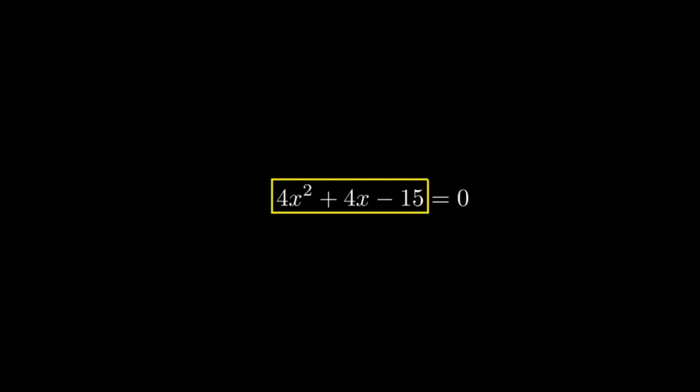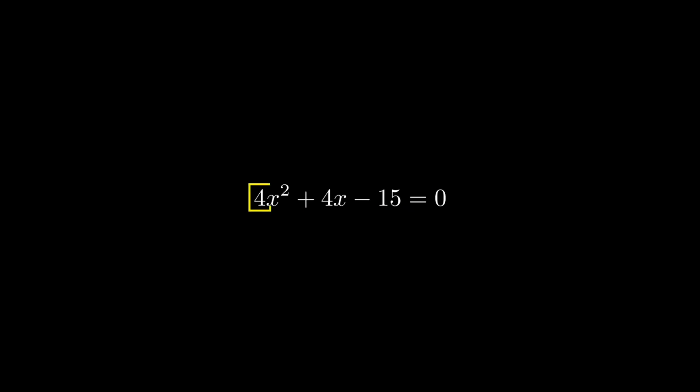To factor a quadratic expression using grouping, first you have to find out two numbers that multiply to the product of the leading coefficient and the constant term at the end. So in this case, you would have to find two numbers that multiply to 4 times negative 15, which is negative 60.